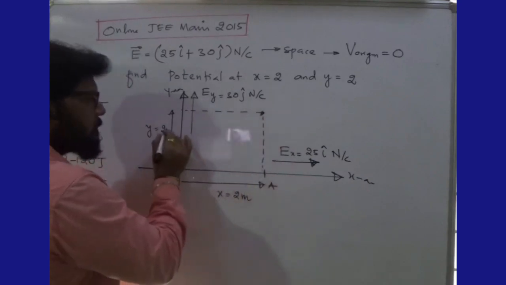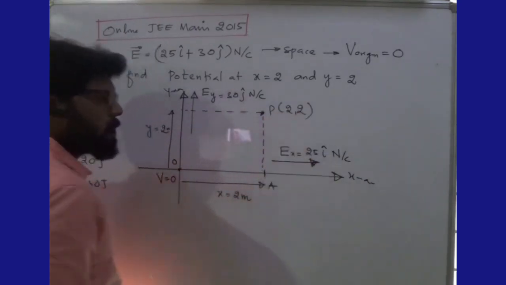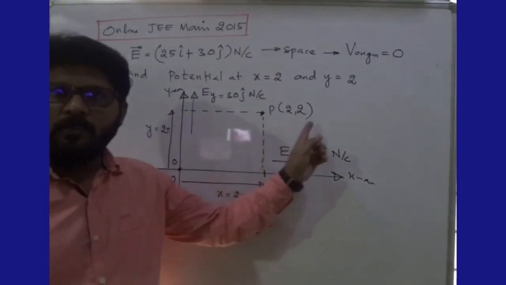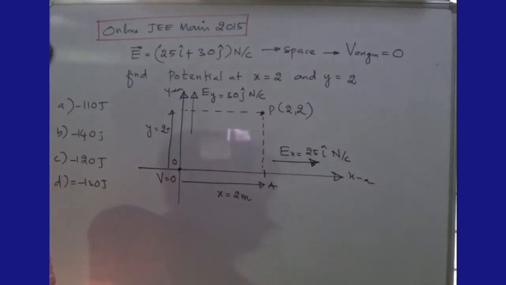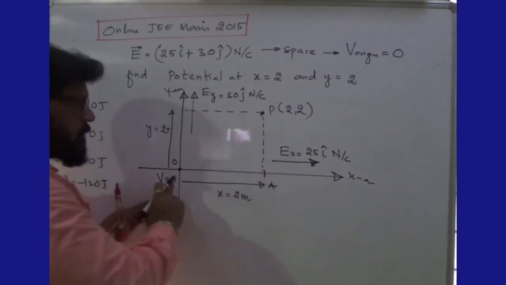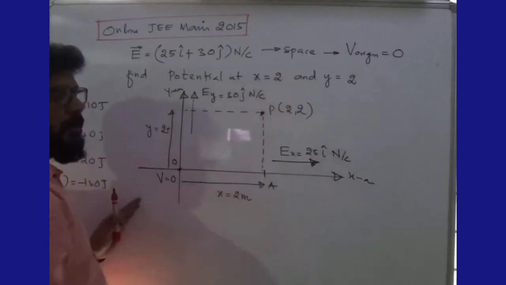This is the point 2 comma 2. We want to calculate the potential at that particular point, that is O to P, the potential at x equals y equals 2.